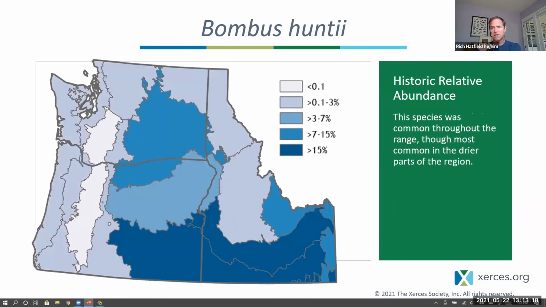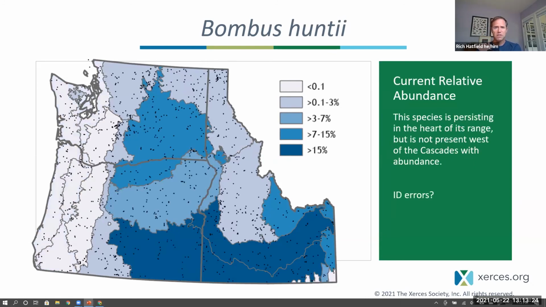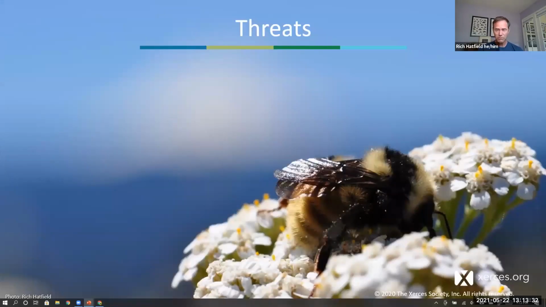And then there's other species that we found that seem to be doing just fine. Bombus huntii, sort of a drier east side species, has persisted throughout much of its former range at the same levels where it was historically. And so this all sort of makes a conservation biologist ask these questions of, why are some species thriving? Why are other species in trouble?